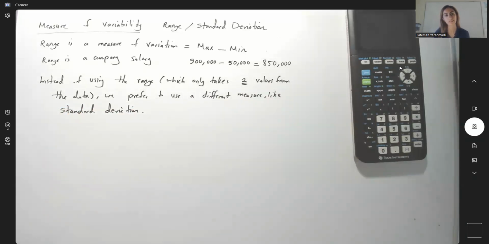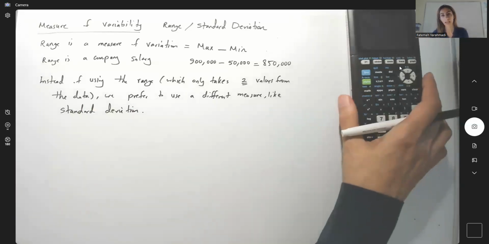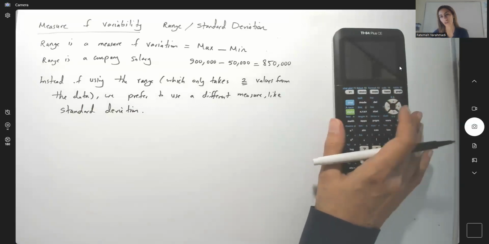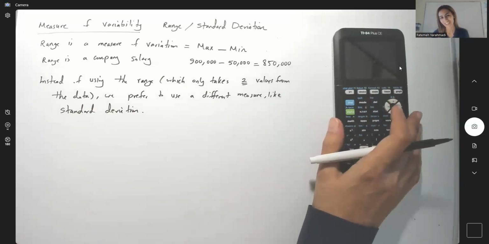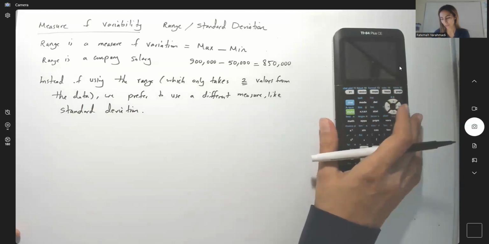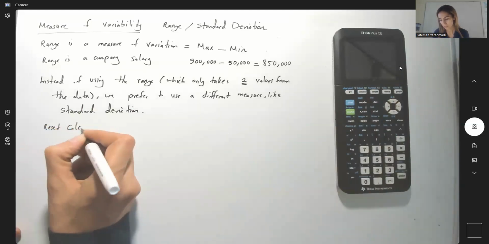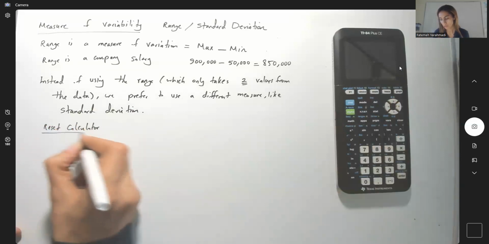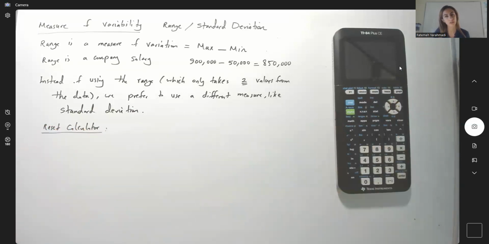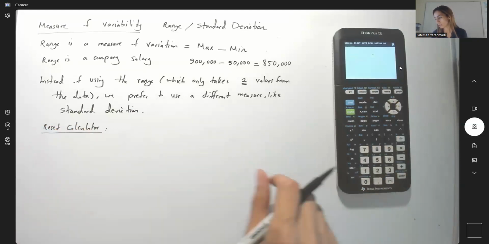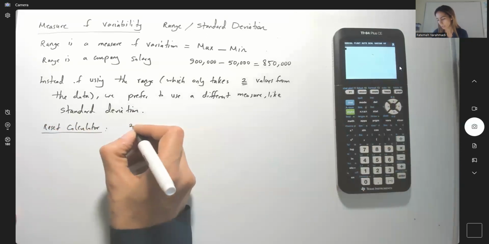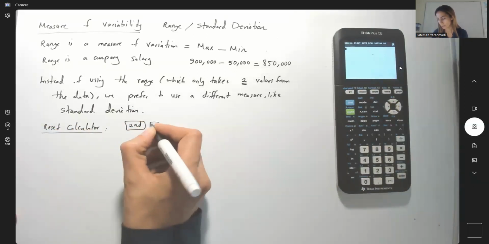If you watch the recorded session, you see the algebra behind the standard deviation. For the sake of our lecture, we're going to use our calculator to find the measures for the data. So first of all, make sure to reset your calculator, so that there is no data stored in it. To reset your calculator, turn it on and press second plus.